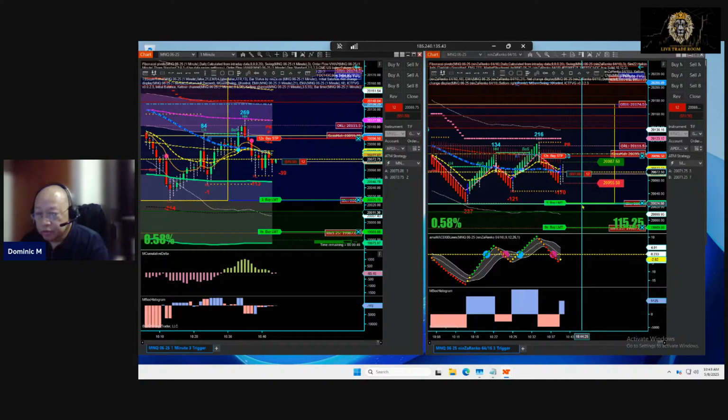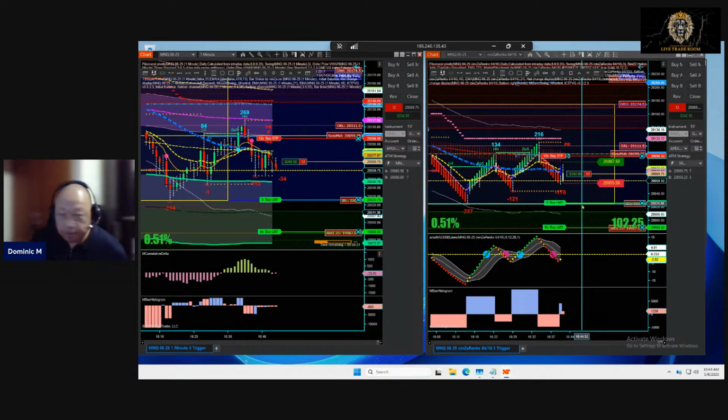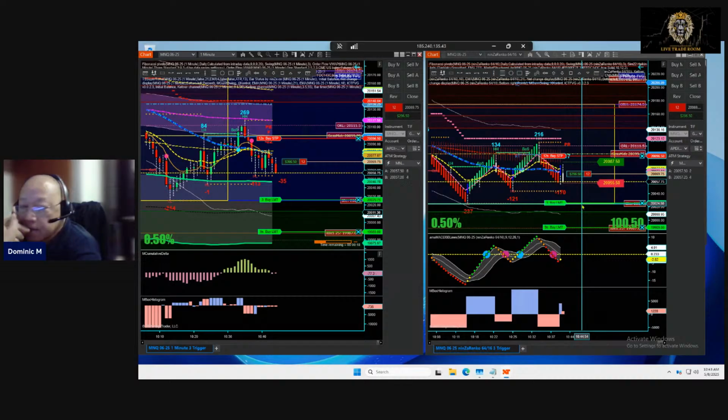It did close lower than the previous, but let's see what happens to this one. Okay. There we have a reversal candle on the Ninja Renko, which is good. See if you can break this structure there.